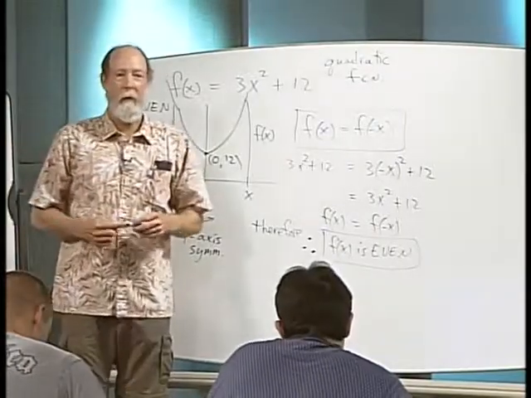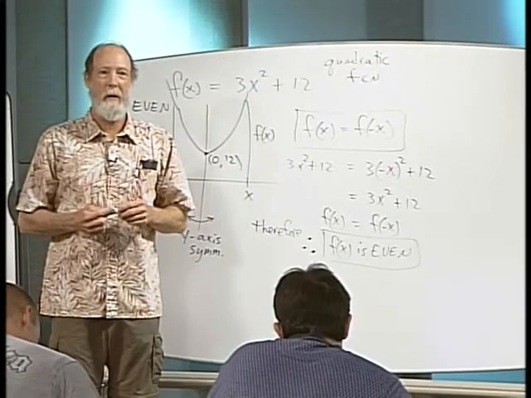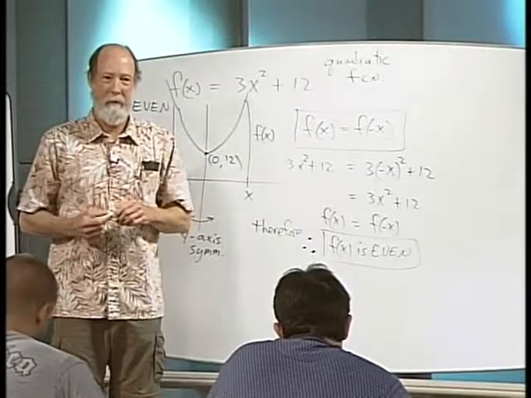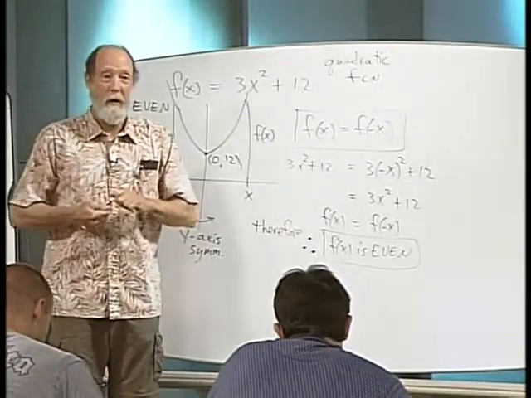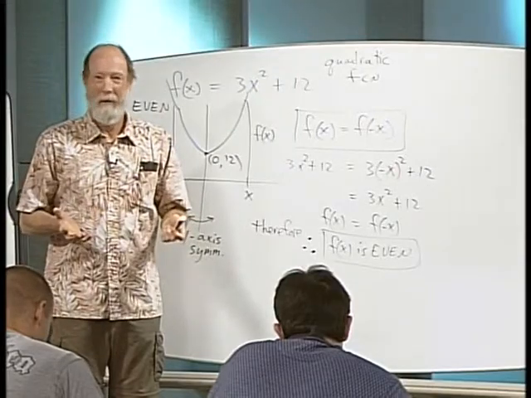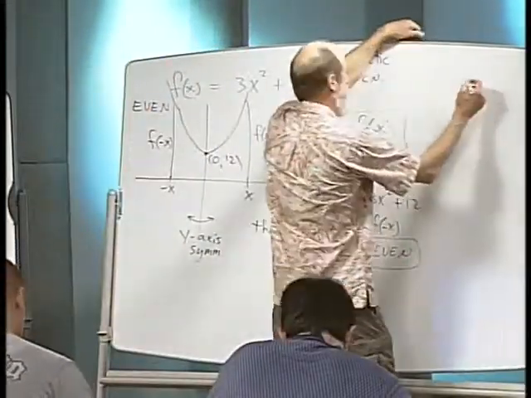What did I say earlier in summary about an odd function? Must exhibit origin symmetry. Origin symmetry. So let me explain it by example for an odd function.